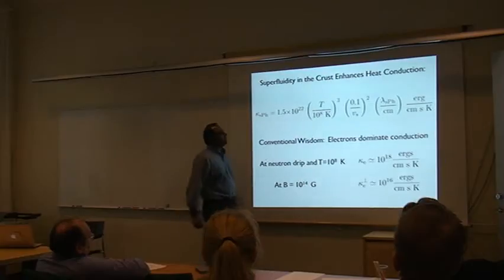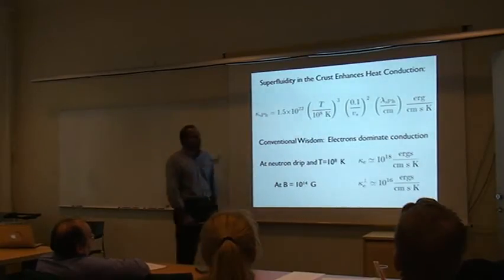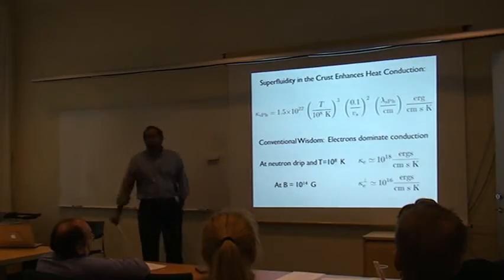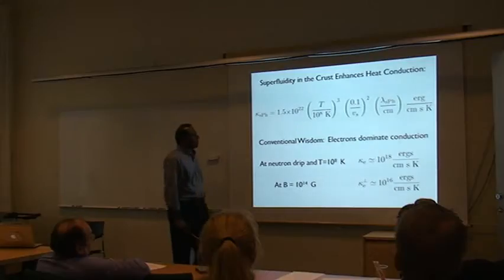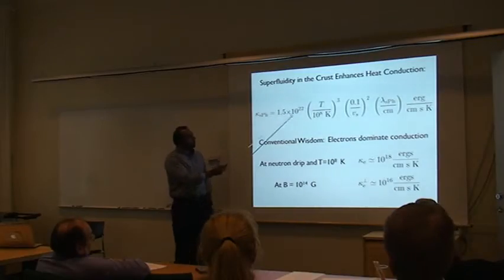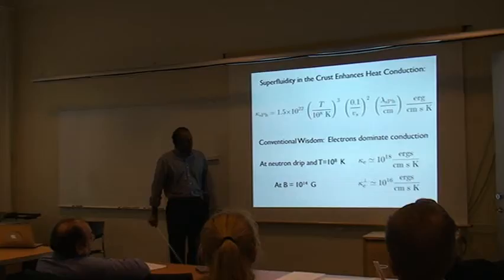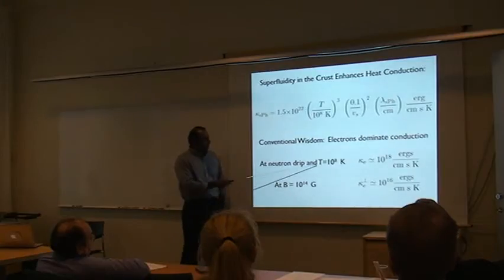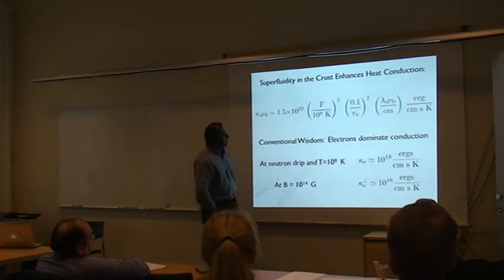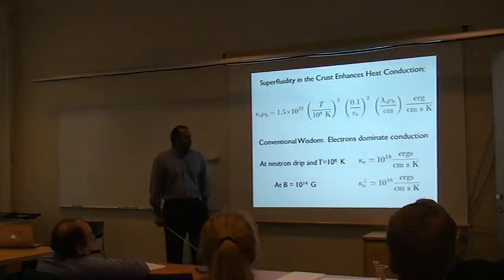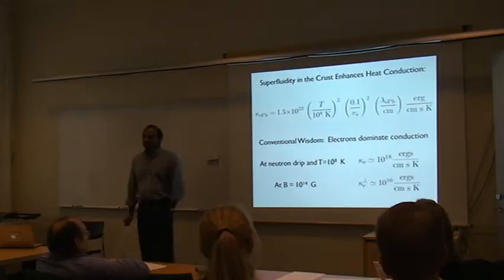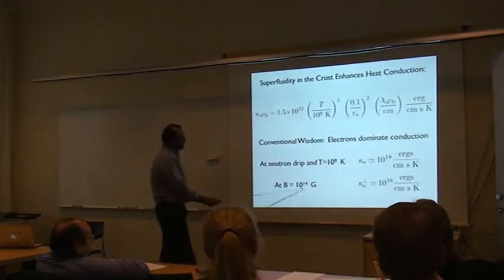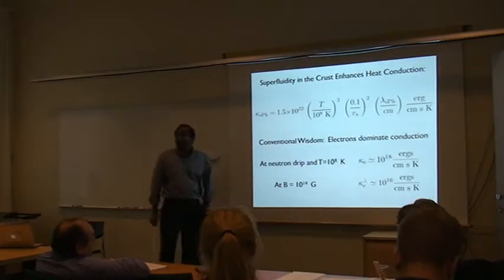At say 10 to the 8 Kelvin, and if the velocity of this mode was about 0.1 times the speed of light, I would get 10 to the 22 ergs per centimeter per second per Kelvin. Now, what do I need to compare that to? I need to compare it to electrons. Let's look at electrons at the neutron drip density at 10 to the 8 Kelvin. If you did not have a magnetic field, you would get 10 to the 18. And if you did have a magnetic field of 10 to the 14, you would get 10 to the 16.